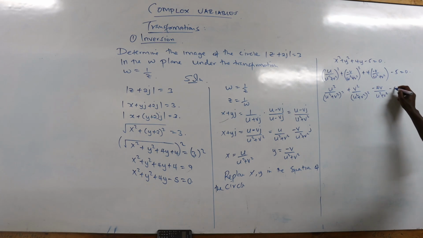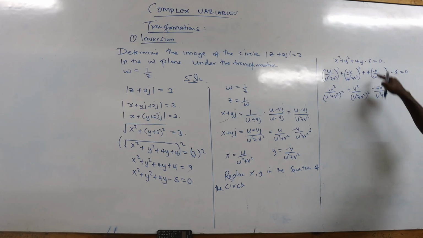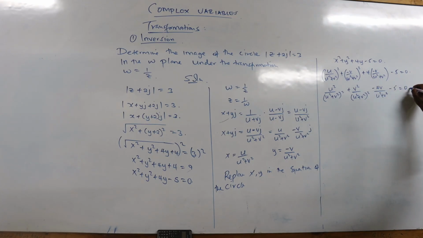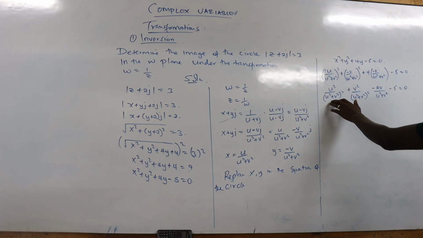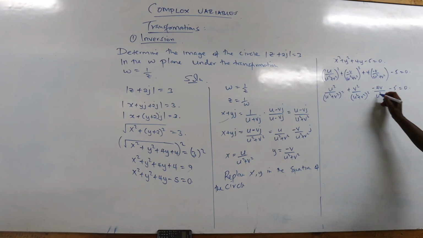Then minus 5, this one is positive. No, it is not positive because you have a negative, so it will become negative, equals 0. Now you can put all these under the same denominator, because you can see we have u squared plus v squared in each.